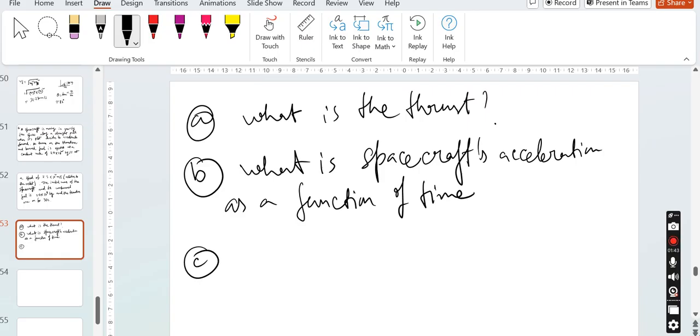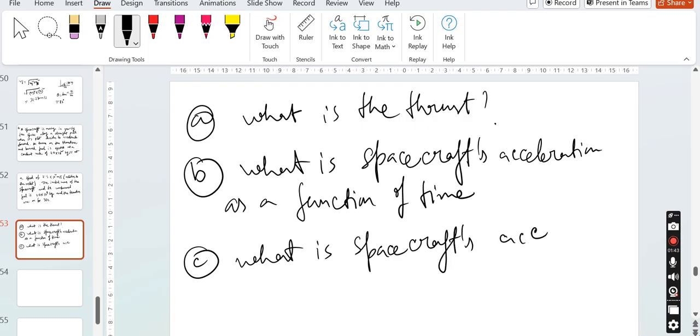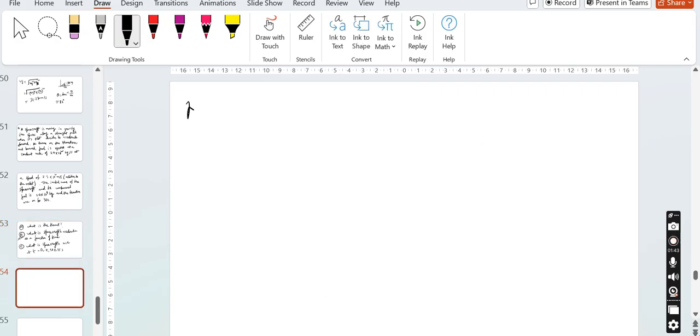C is, what is the spacecraft's acceleration at t is equal to 0, 15, 30, and 35 seconds. Basically, if we can obtain B, C is easy to obtain.